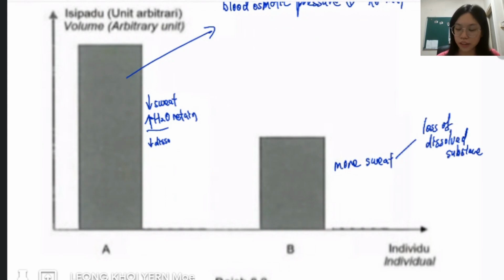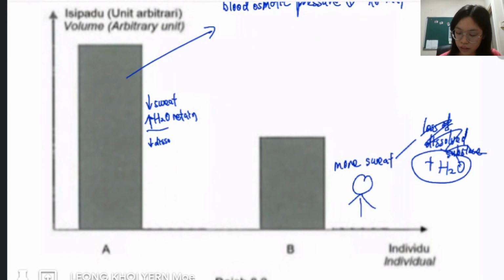You lost a lot of water from your body. Not all, okay, some of your water is lost through sweat.